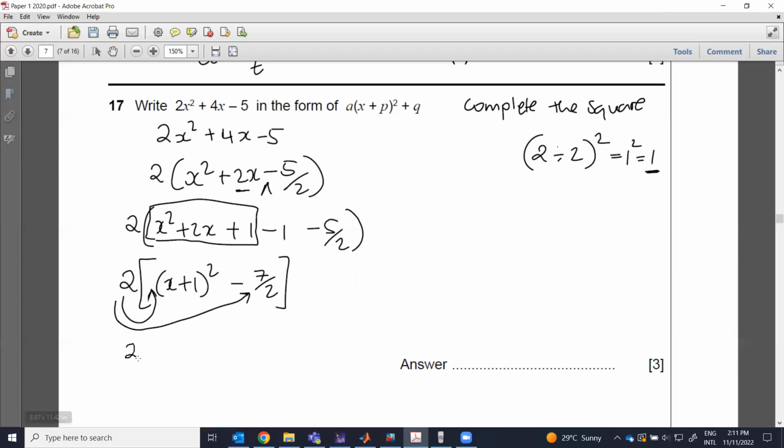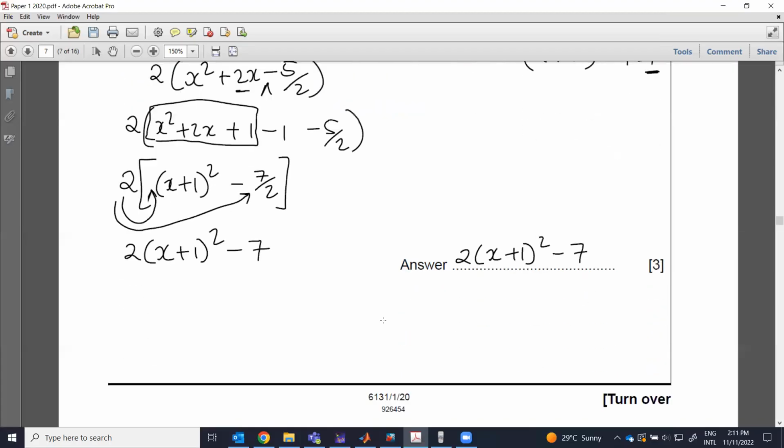So you'll get 2x plus 1 squared, and then 2 times negative 7 over 2, this is just negative 7. And that is how you complete the square. So this is 2x plus 1 squared minus 7. Okay, so the plus here doesn't actually matter because minus 7 is the same as plus negative 7. So just leave it like that.